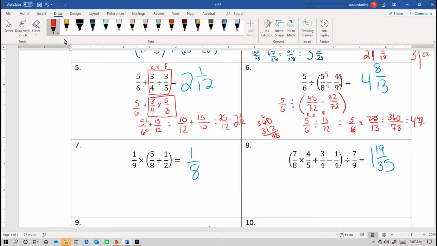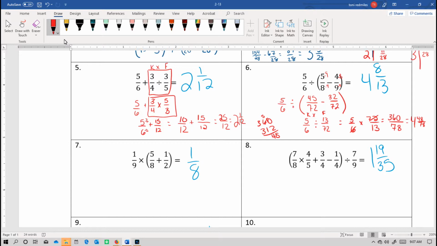Well, obviously, these are going to reduce, right? 78 and 48. So if I reduce these, 78 and 48, let me see what reduces them.